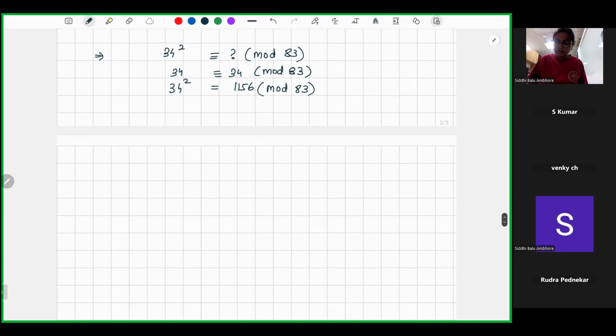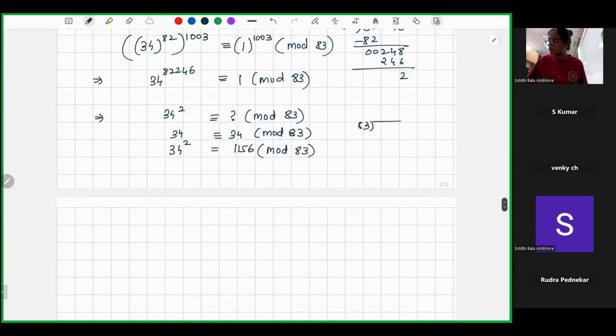When I divide 1156 by 83, I get 13 times 83 is 1079, and the remainder is 77. So here I get 77 as my answer.